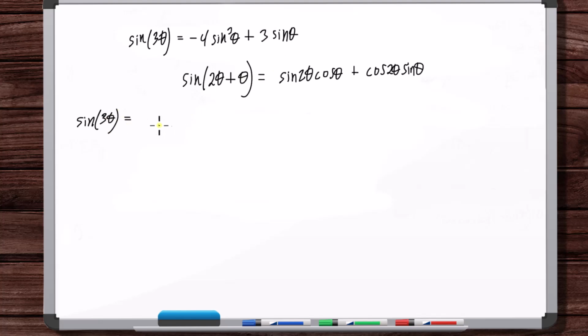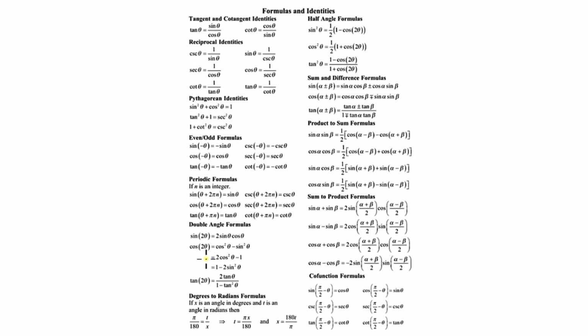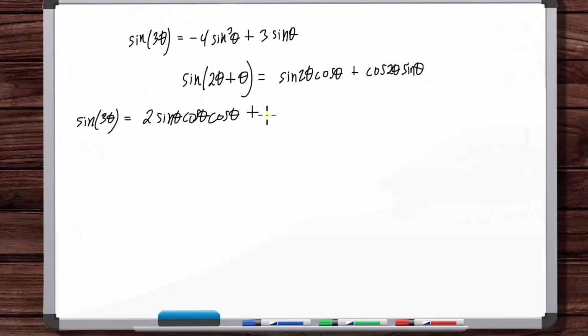Sine of 2 theta is 2 sine theta cosine theta. That's the double angle formula for sine. And for cosine, we've got 3 options to choose from. Let's do the one that involves sine, since we're trying to convert this to pure sine. So 1 minus 2 sine squared theta, times sine theta.